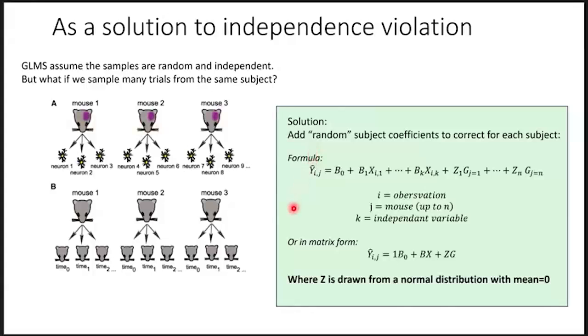Importantly, the correction factors are drawn from a normal distribution with mean 0. So it's not that we correct completely for each mouse, but we make sure these extra coefficients that we add fit a random distribution with mean 0.